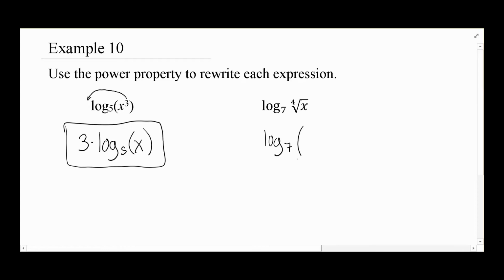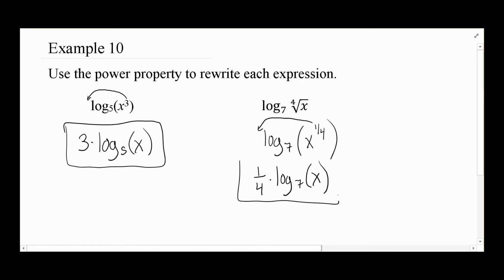So let's rewrite the 4th root of x as x to the 1/4 power. At which point, applying our rule should be pretty easy. We're going to take that power of 1/4 and just bring it in front as a coefficient. And that's all we're doing right now.